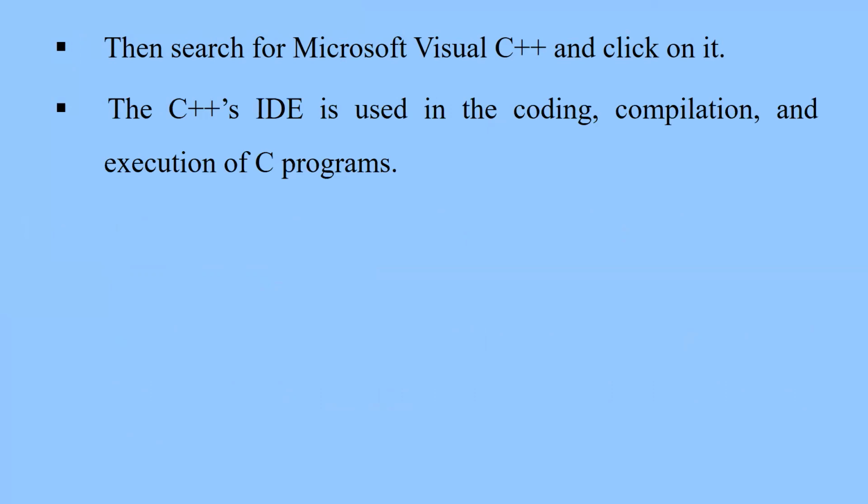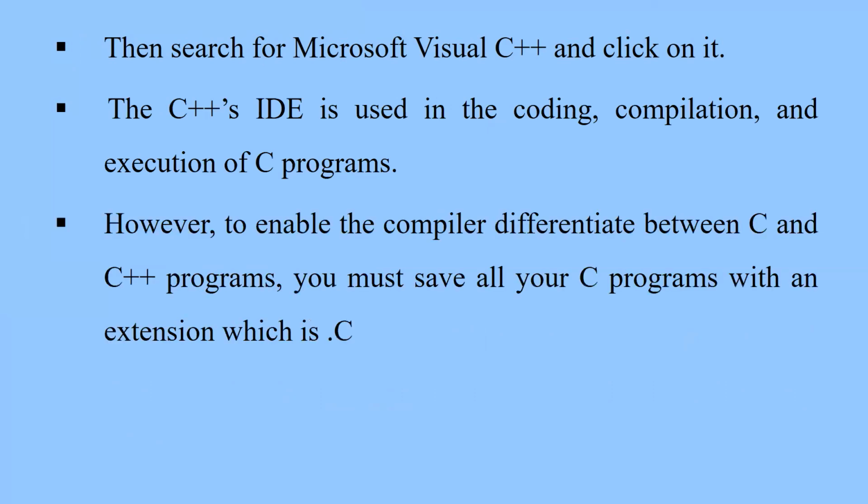Then search for Microsoft Visual C++ and click on it. In other words, start Microsoft Visual C++ in the same way that you start any other program. The C++'s IDE is used in the coding, compilation, and execution of C programs.